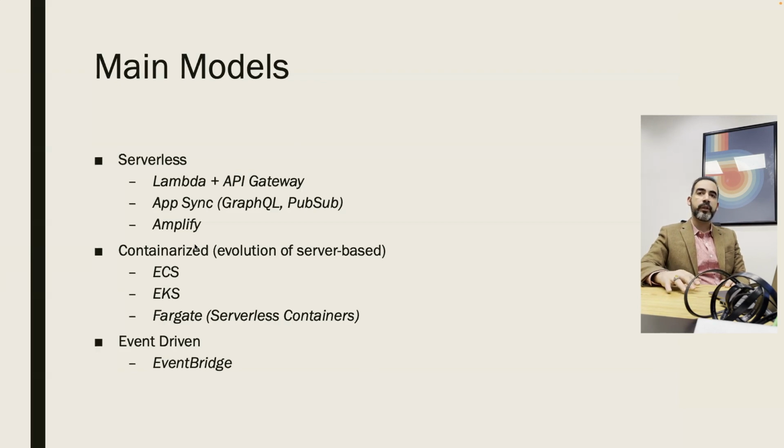Now, within event-driven, it could be serverless or it could be server-based, right? But when you talk about AWS and you talk about EventBridge, it's serverless. So it's event-driven and it's serverless. Okay. Similarly, you have PubSub architecture, which also comes under the same category, which is loosely coupled applications, right?